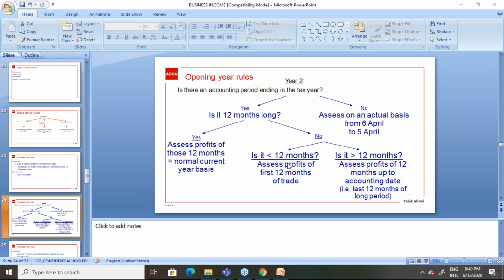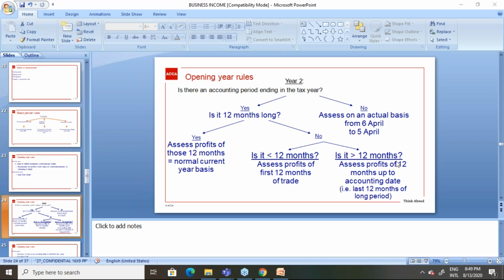If it is less than 12 months, you just need to memorize these rules. Memorize it and apply as it is without trying to analyze too much. So if it is less than 12 months, always remember, first 12 months of trade profit should be taxed in the second year. You need to calculate first 12 months trading profit, and that must be taxed in the second tax year.